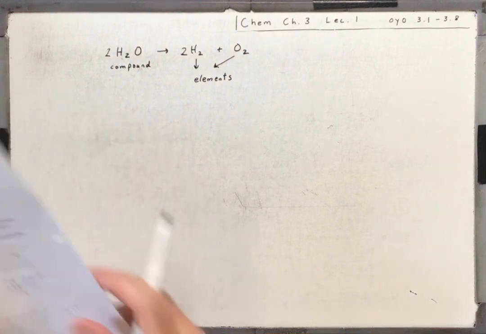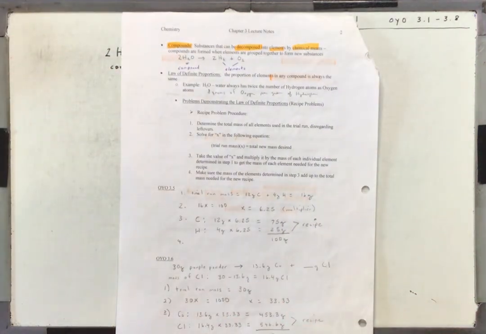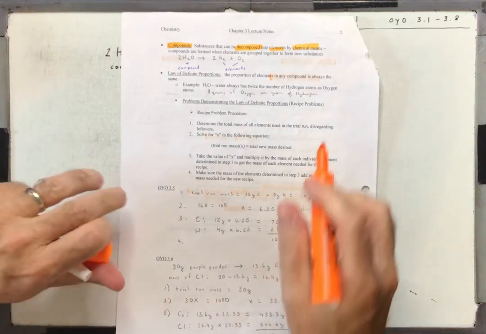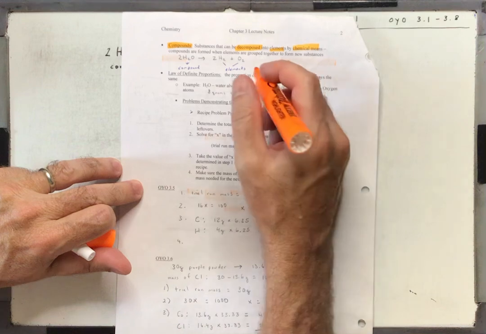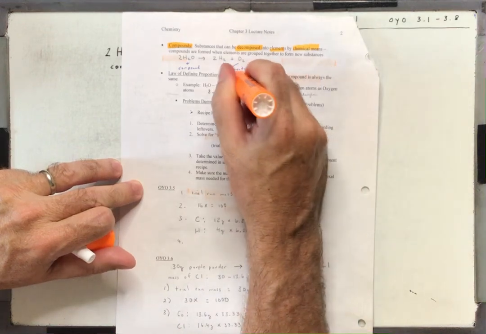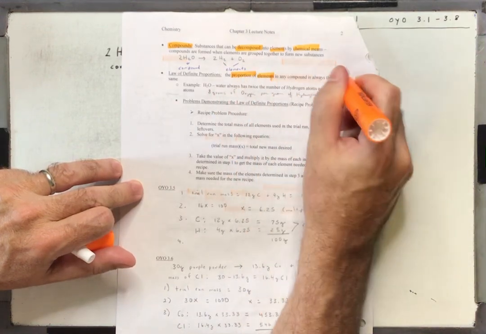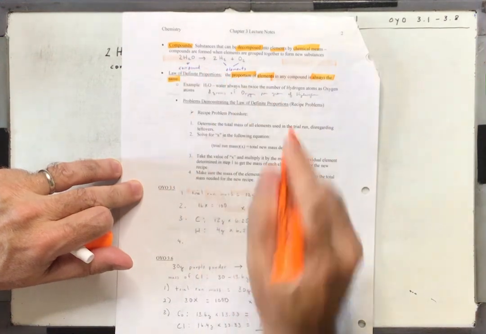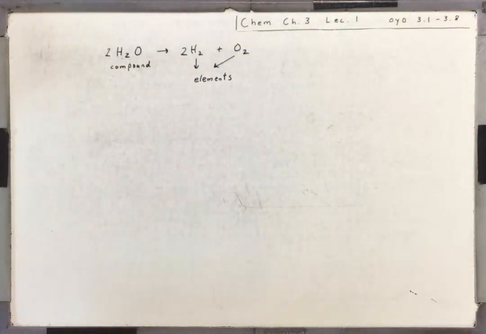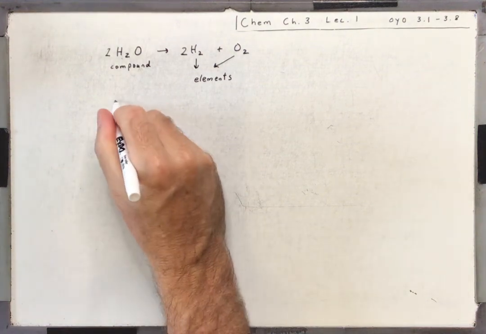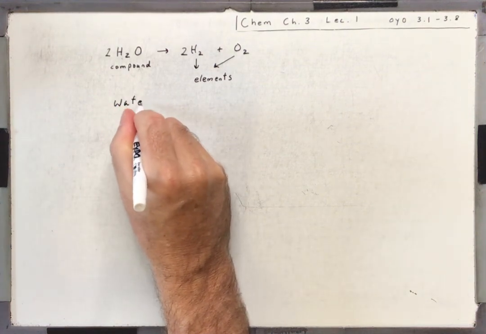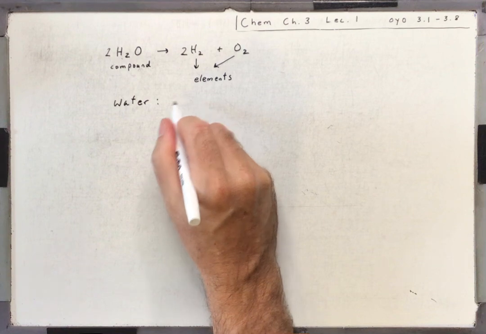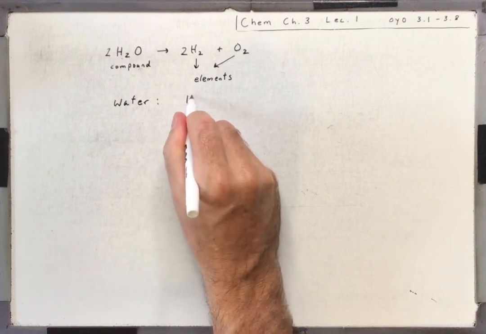All right, the next is the law of definite proportions. Okay, so we're about to do a little math of this. That's the proportion of elements in any compound is always the same. Okay, so what that means is for water, so keep coming back to water because I know you guys know the formula of that, even if you've never had a chemistry class.